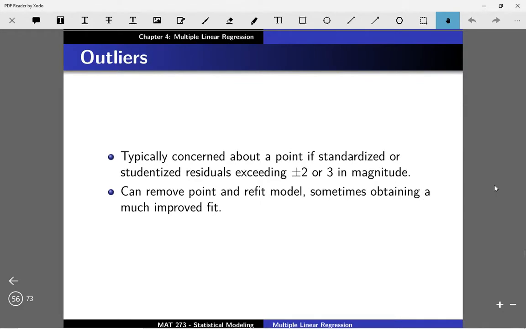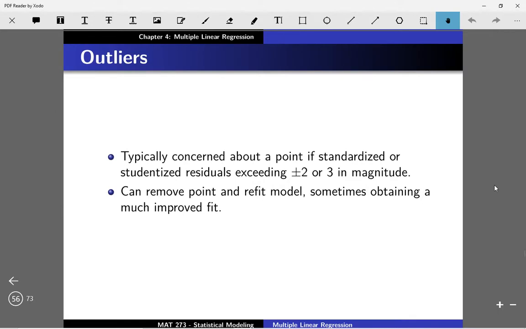And formally, what people do, sort of like comparing the p-value to 0.05 rule, there's not one cutoff that makes it an outlier or not, but typically people say they're concerned about an observation if its standardized or studentized residual exceeds plus or minus 2 or 3.